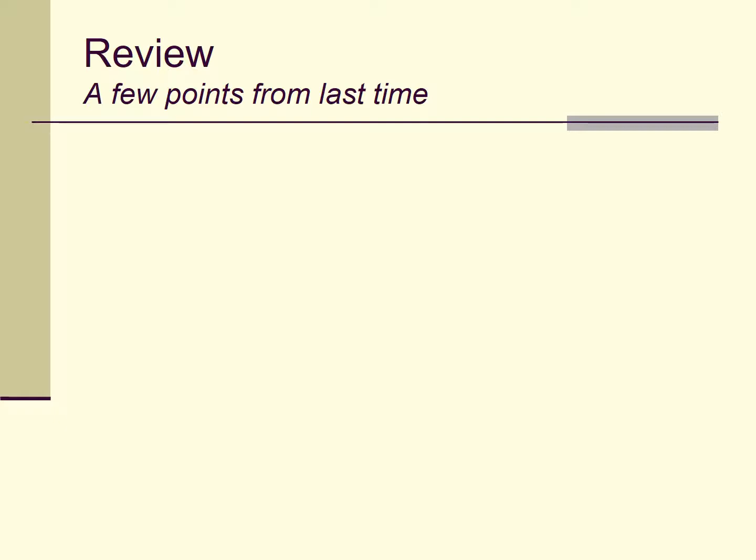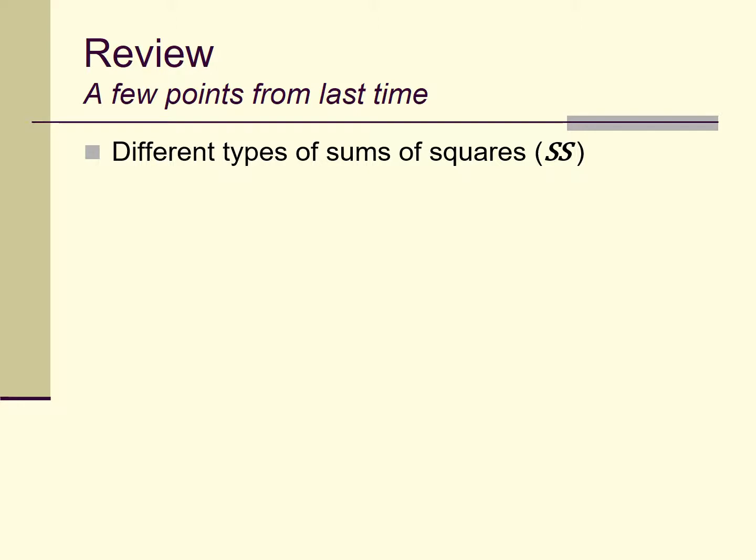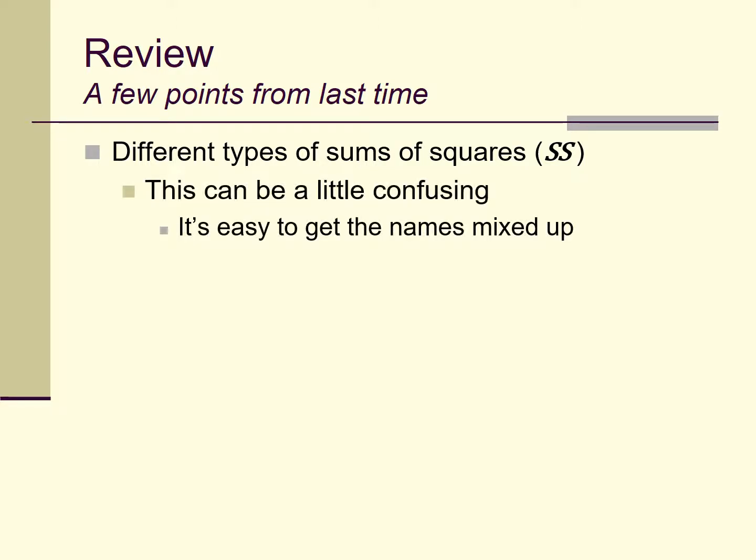Now, before we get into things too much, I'll do a little bit of a review, and this is a general point that I've touched on before. When we do statistics from the model comparisons perspective that I take in this class, we spend a lot of time computing sums of squares. And there are lots of different types of sums of squares. It can be a little bit confusing because it can sometimes be easy to get the names mixed up. You know, sum of squares for compact model, sum of squares for augmented model, and so on. It takes a bit of practice to get comfortable remembering what all these different sums of squares are referring to.